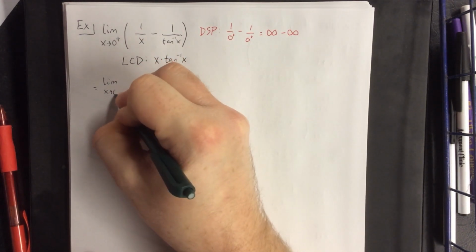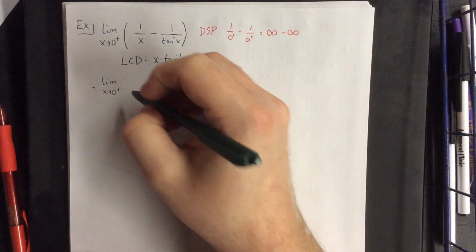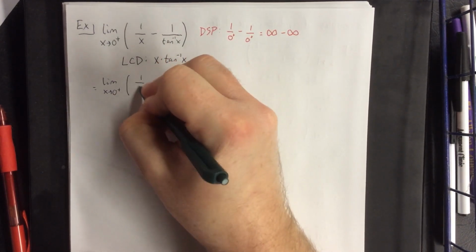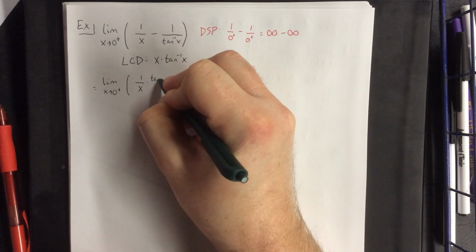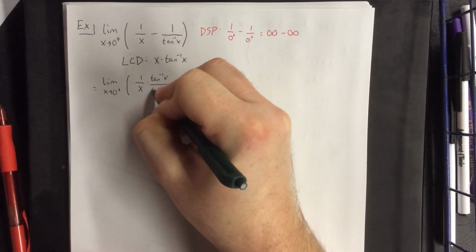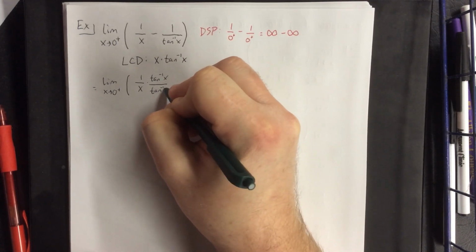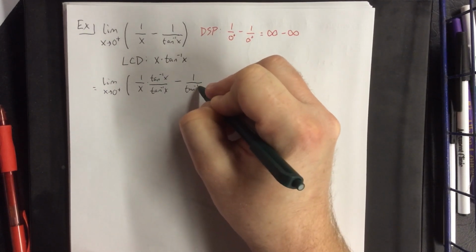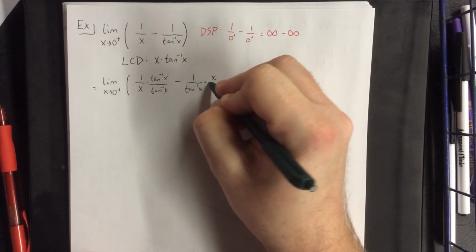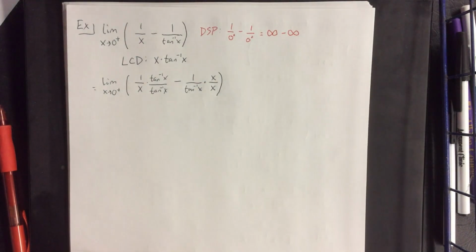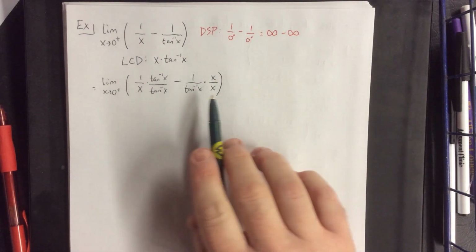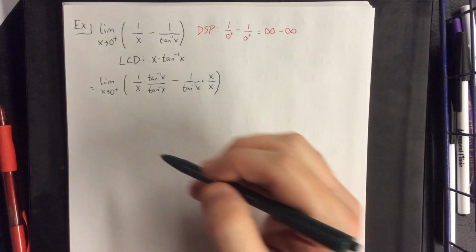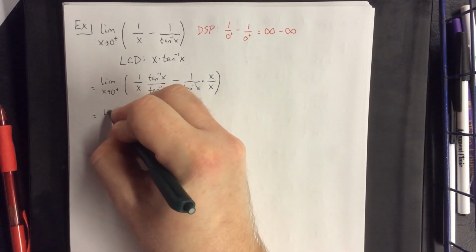So for the first fraction, I will be multiplying top and bottom by the arctangent of x. And for the second fraction, which already has an arctangent, we're going to be multiplying top and bottom of that one simply by x. This changes both of the fractions so that they have the same common denominator.